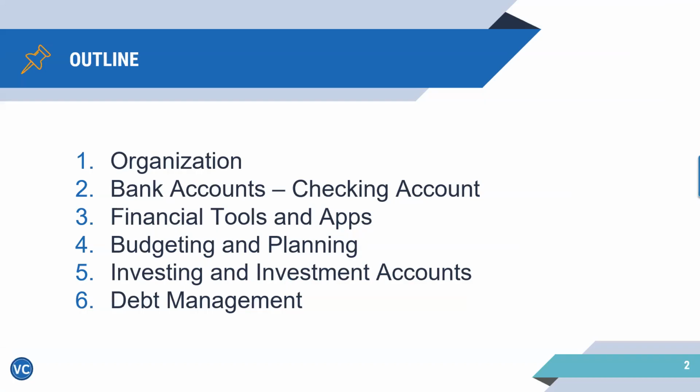So hence our class. Here's a brief outline of what we are going to discuss today. I'll go through organization, and I really think organization alone and starting that process is one of the hindrances as far as getting yourselves organized with finances and even getting started with investing.